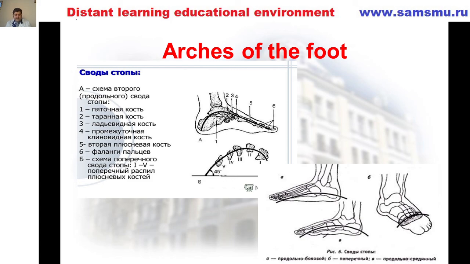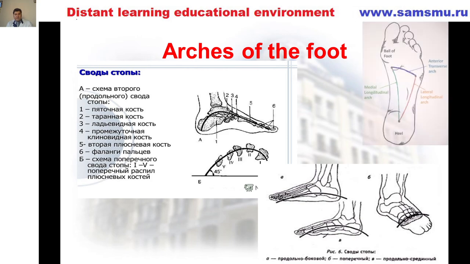When the apparatus described loses its strength, the foot becomes flat. The resulting deformity, called flat foot, is painful. According to some data, the role of passive factors, bones and ligaments, in maintaining the arch is no less, and may even be greater, than the role of the active factors.